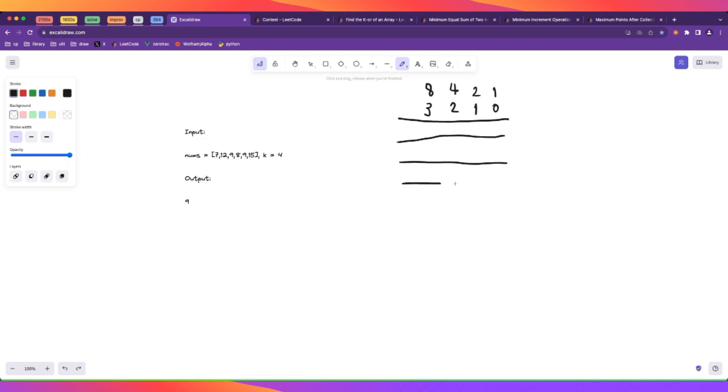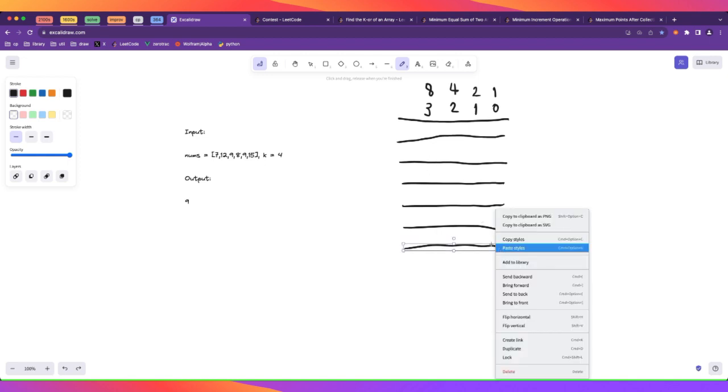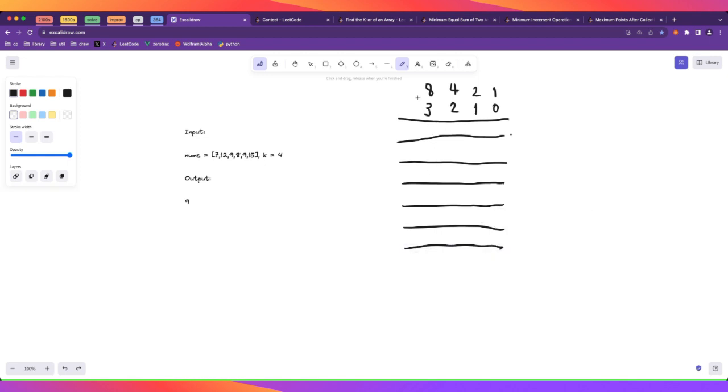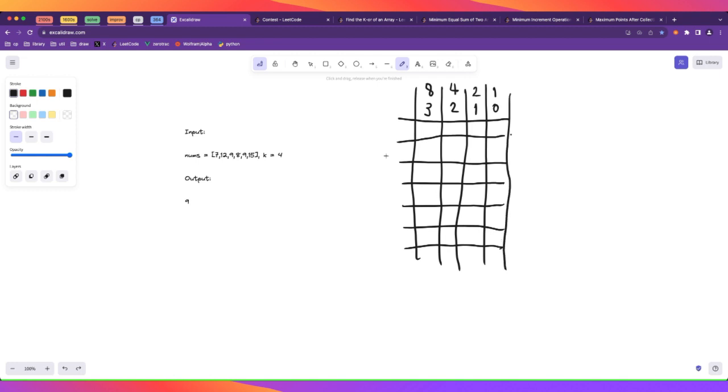We have 6 numbers. So again, we can think about a table. Here we have the 7, 12, 9, 8.